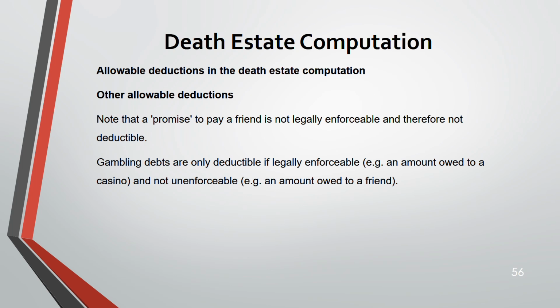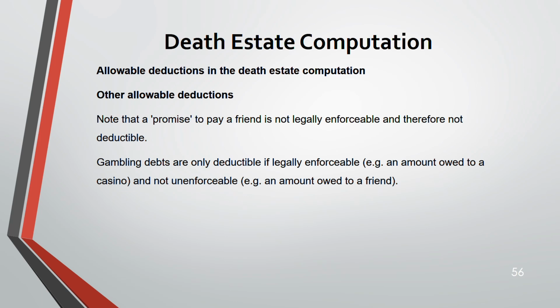Gambling debts are also deductible if you can legally enforce them. Let's say an amount owed to a casino. It could be enforceable if it's, let's say, an amount owed to a casino.